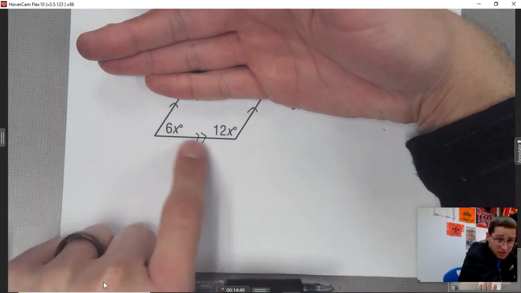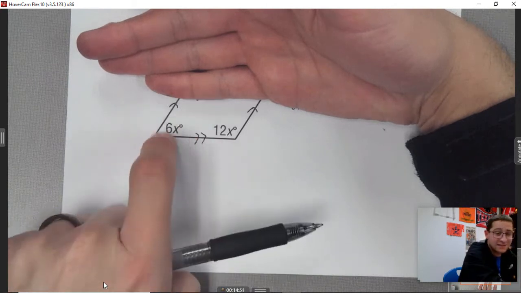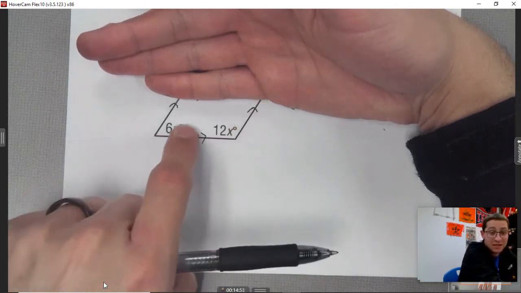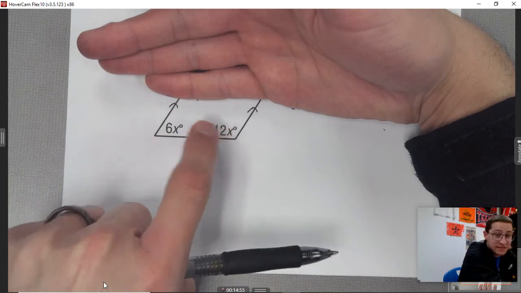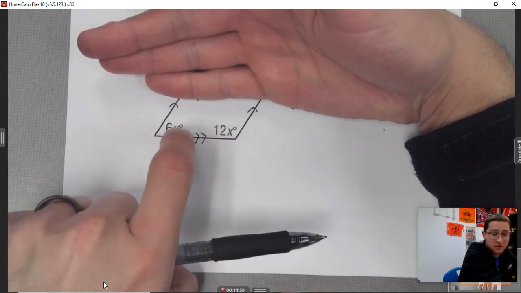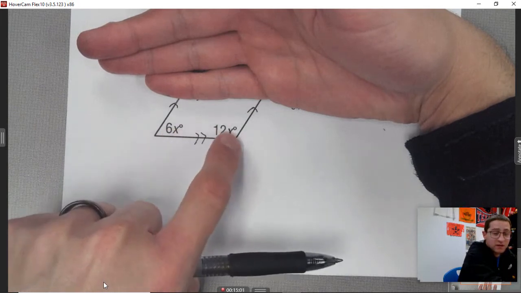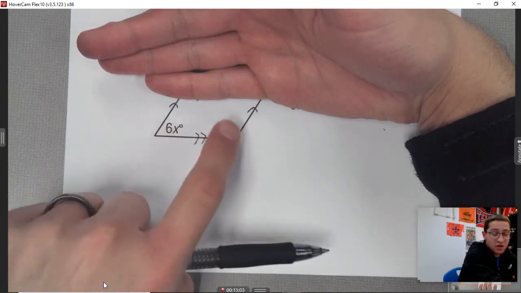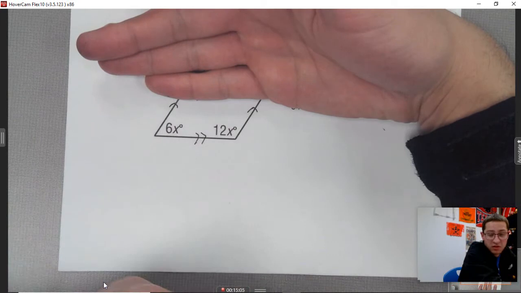This could be my transversal, and those are my parallel lines. These are like consecutive interior angles. It even uses that same word, consecutive. So I just wanted to point out there's a little connection between what we did before.